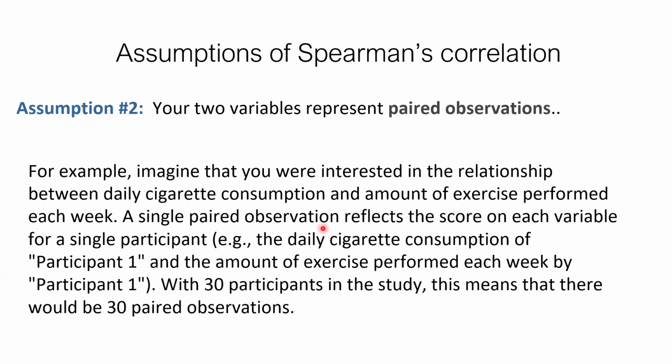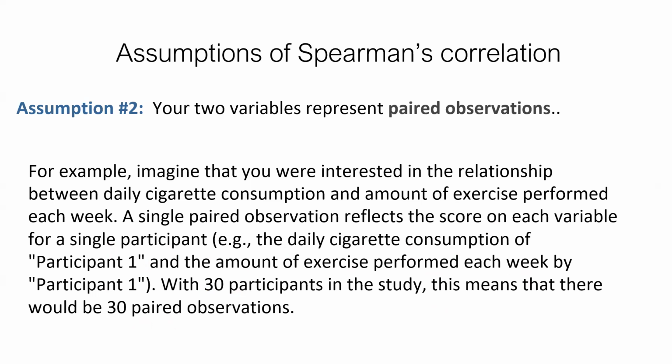A single paired observation reflects the score on each variable for a single participant. That is, the daily cigarette consumption of participant 1 and the amount of exercise performed each week by the same participant. So there are two measures for each participant that you have. So with 30 participants in the study, this means that there would be 30 paired observations.